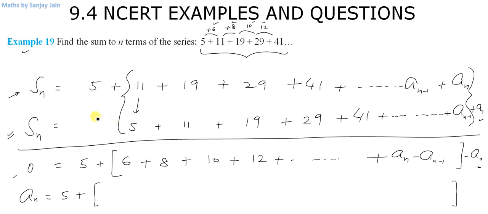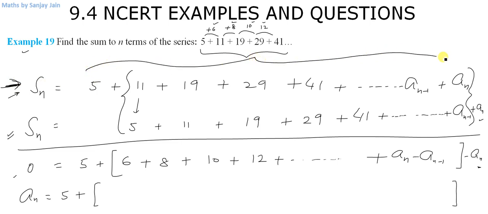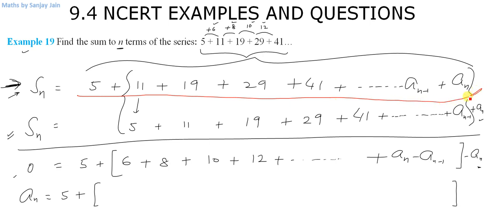If you just notice this sum, this first one, how many terms were there? There were n terms, right? We need to find the sum up to n terms, so there were n terms written here.